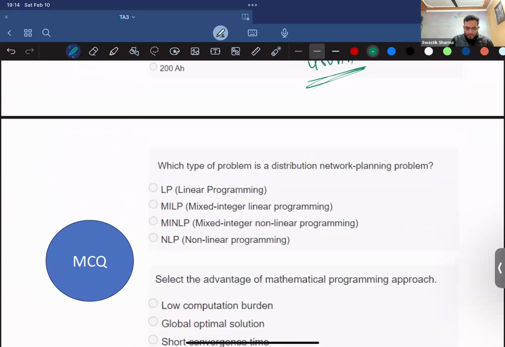Next, I remember telling you. So can anyone repeat if someone followed my lecture? So a distribution network planning problem is what kind of problem? So I will repeat it if someone wants me to repeat it. But I told you in the class what kind of a problem.